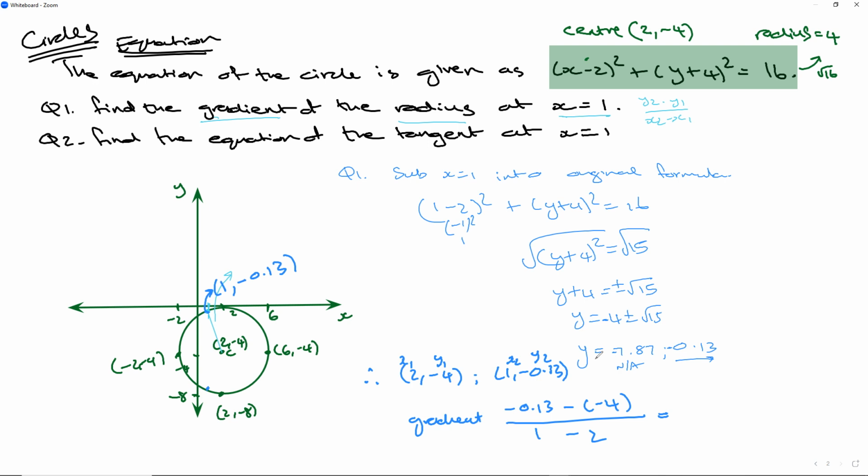Negative 0.13 minus minus 4 is plus, that comes to 3.87. And 1 minus 2 is negative 1, so it becomes negative 3.87. And that is the gradient of the radius at x equals 1. The gradient of the radius will change if you move the radius to any other point over there. All right, so that's question 1, my gradient done for that.